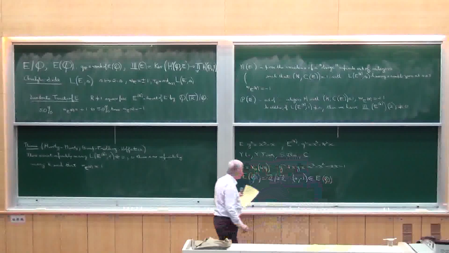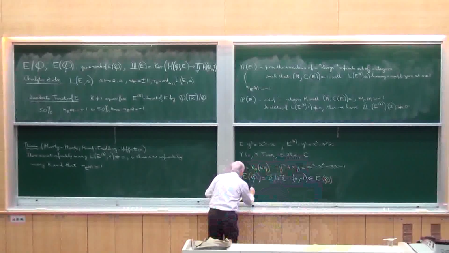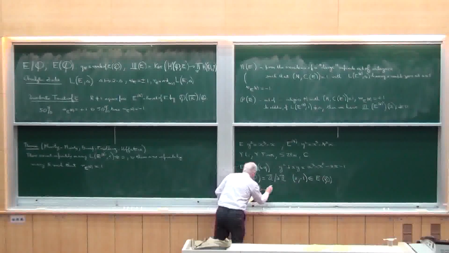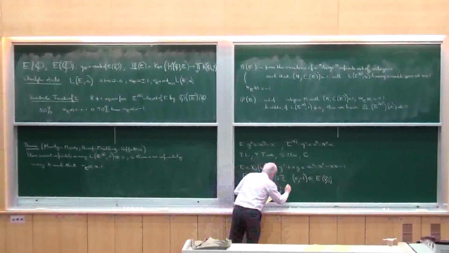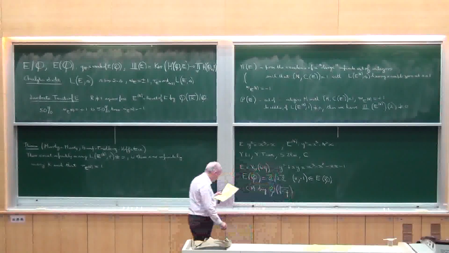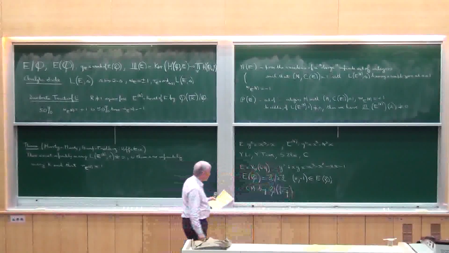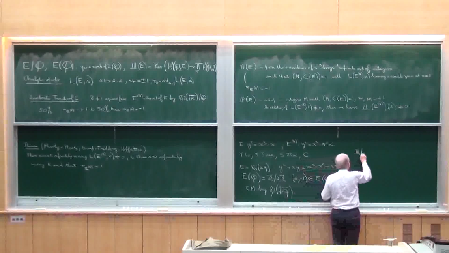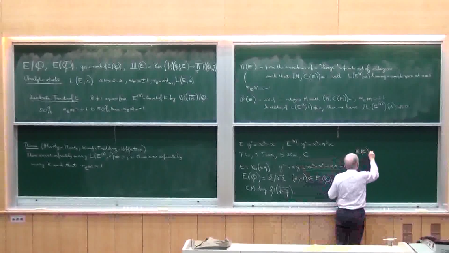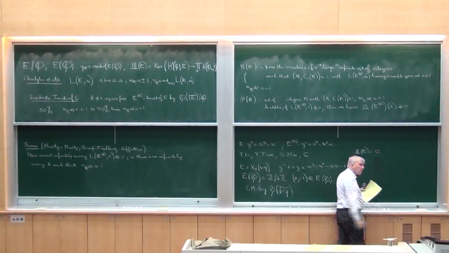In fact, it has complex multiplication by the ring of integers of the field Q of square root of minus 7. Its Tate-Shafarevich group is known to be 0.